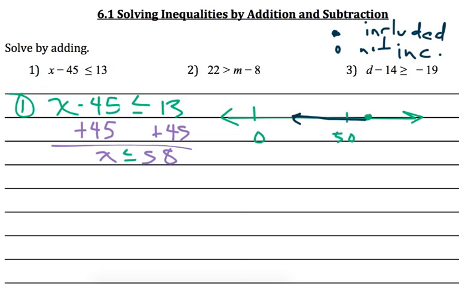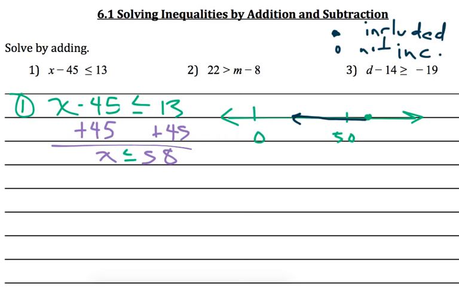Now the other thing too, inequalities do not just have one solution, they don't just have two solutions. They might have no solutions or infinite solutions, and this one actually does have infinite solutions. That's kind of strange, because even though 100 is not an option, there's an infinite number of numbers to the left of 58.